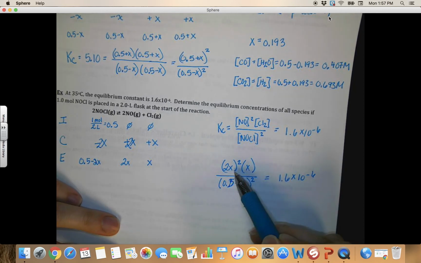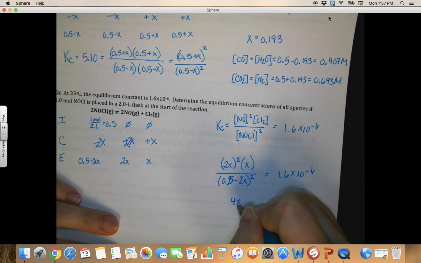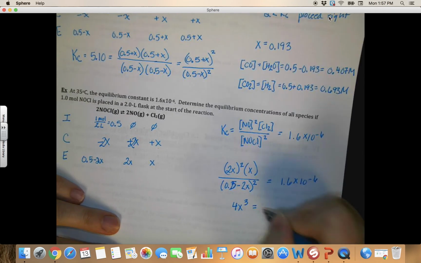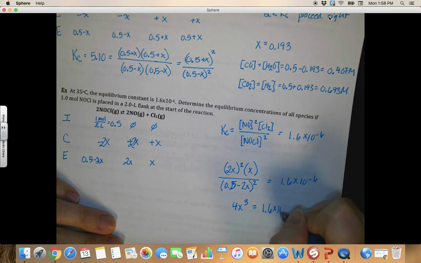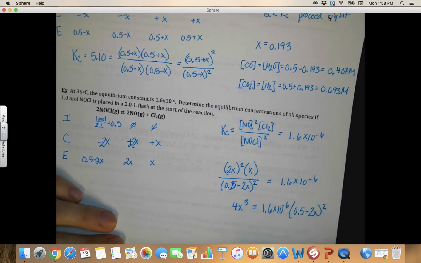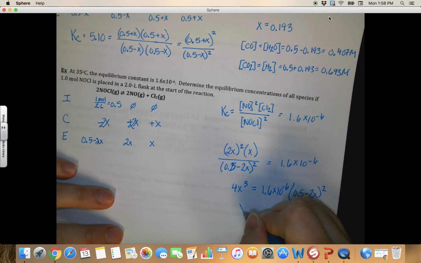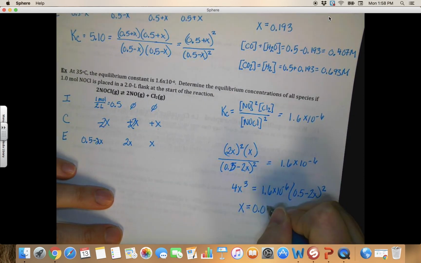So 2x squared is 4x squared times x, so that's going to be 4x cubed. And then I'm going to shift my denominator. And I'm going to use my calculator just like I did earlier and solve for this. X comes out to be 0.005.